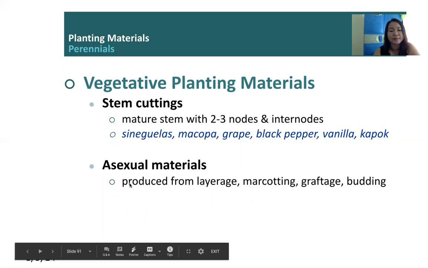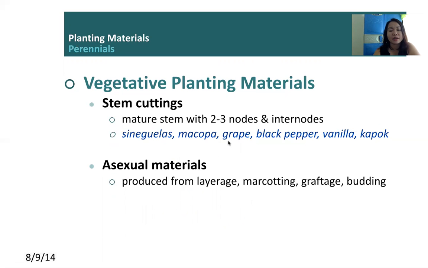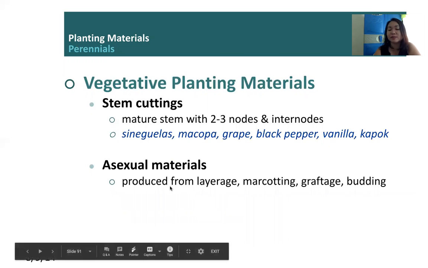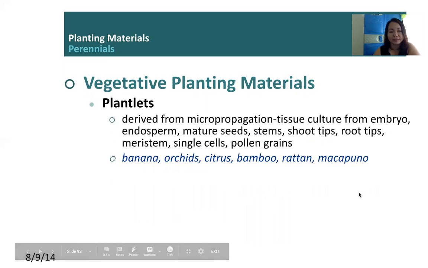Another one, stem cuttings, which are mature stems with 2 to 3 nodes and internodes, for siniguelas, makopa, grape, black pepper, vanilla, and kapok. And asexual materials from layerage, marcotting, grafting, and budding.